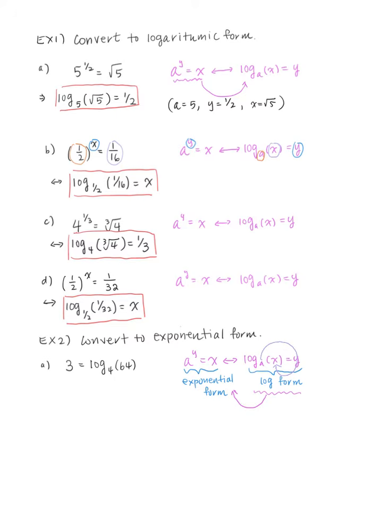In this case, y is on the left hand side now, so I'm going to go 4 to the 3rd equals 64, and then we're done. But you can stick with whichever method you want. Just look at the definition, determine who plays the role of a, y, and x, and then you should be able to rewrite it. Here what we get is 4 to the third equals 64. And this is going to be the answer.